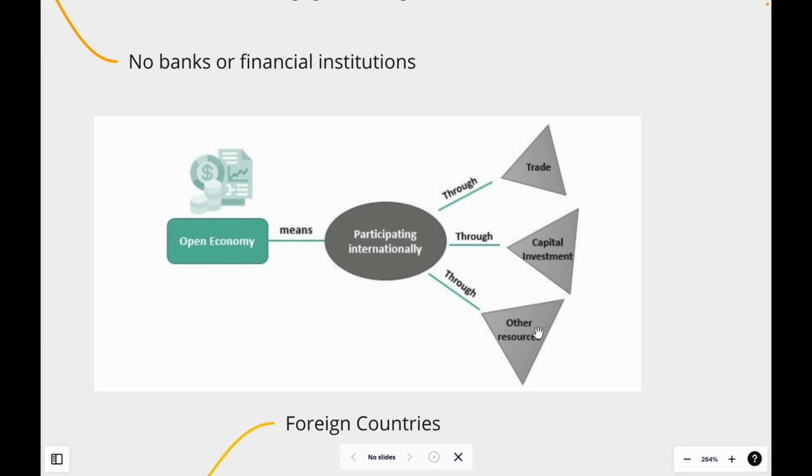And then lastly, we have other resources. In this case, it is referring to the government, because the government will help to regulate the economy by requiring taxes or inject through government spending. All of these will change the economy and bring variations.